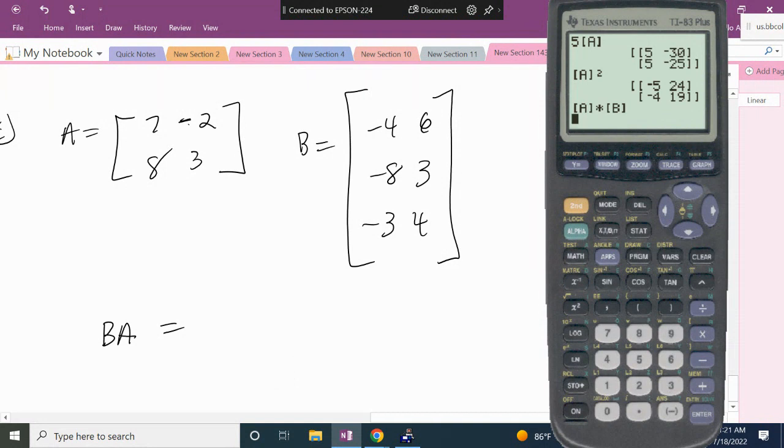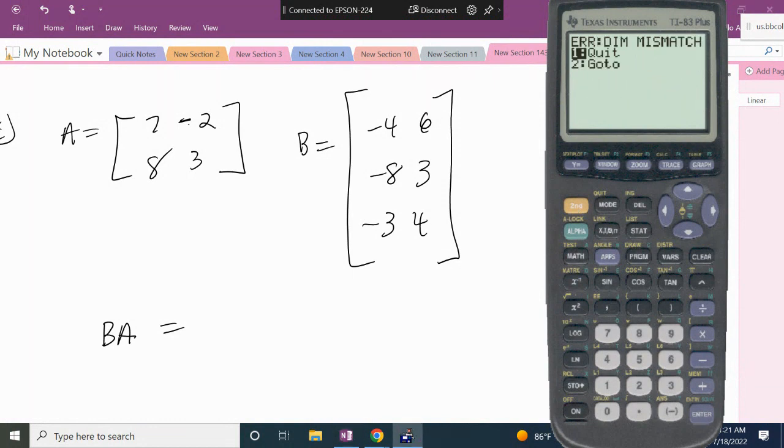So if we look at this one, matrix A has 2 columns. Matrix B has 3 rows, so we can't actually multiply A times B. So it's important what you're multiplying. But we could multiply B times A because B has 2 columns, A has 2 rows. The columns and rows must match.